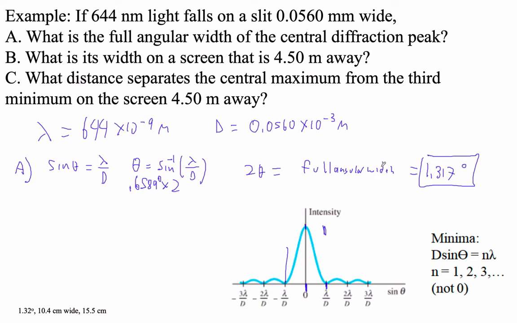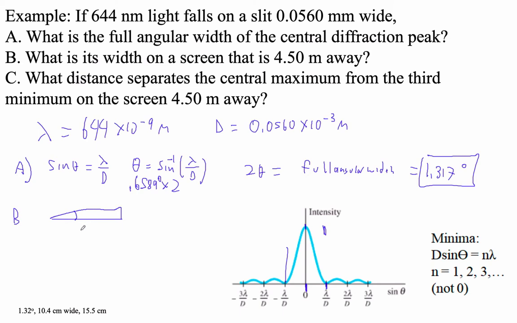Not very big. All right, so let's see. What is its width on a screen that is 4.5 meters away? I think we can do this. So B, here it is. I'm going to draw this width. It's so hard to draw with a stylus.